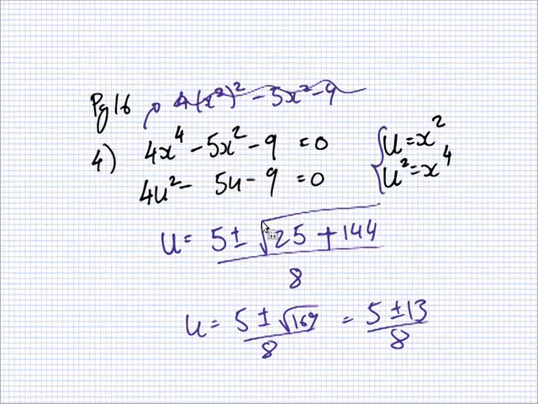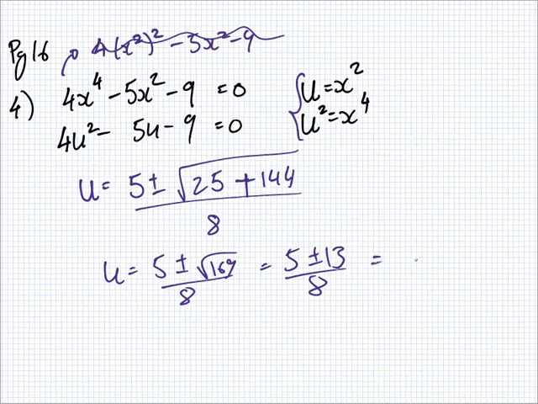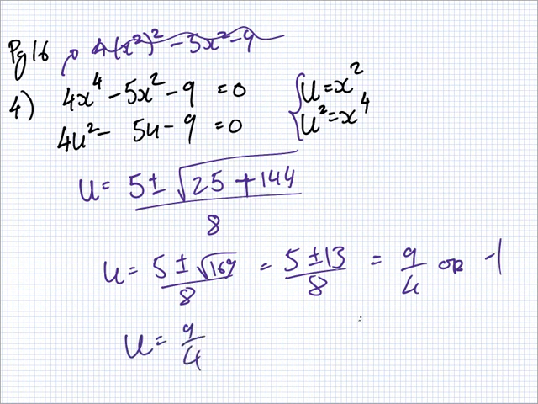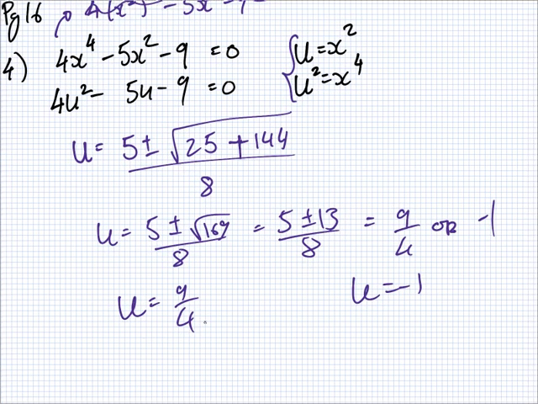So you get, it's either going to be 18 over 8, which is 9 over 4, or minus 1. So you can have u equals 9 over 4, or u equals minus 1. But u, we said, is x squared.